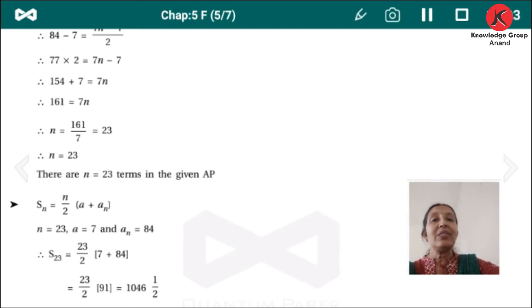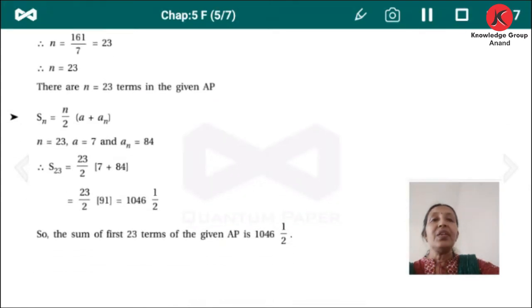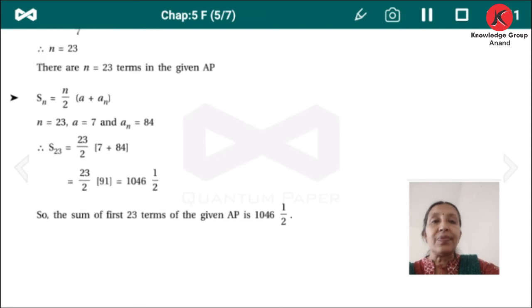Using n equal to 23, 23/2 times (a, that means 7, plus last term 84), 84 plus 7 is 91. 23/2 into 91 is equal to 1045 and 1/2. So the sum of 23 terms of the given AP is 1045 and 1/2.